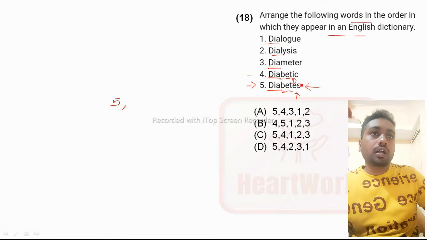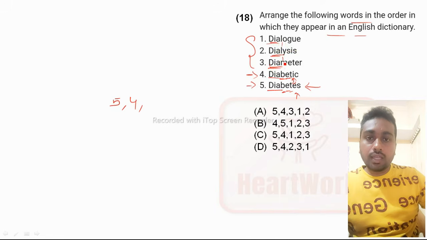Next, after that, 4 will come. Then we'll find among the remaining three which one will come first. This part is common for all. Now this is L, L, and this is M. L and M, who will come first in the alphabet? L will come first. So now we compare 1 and 2. L and L here.